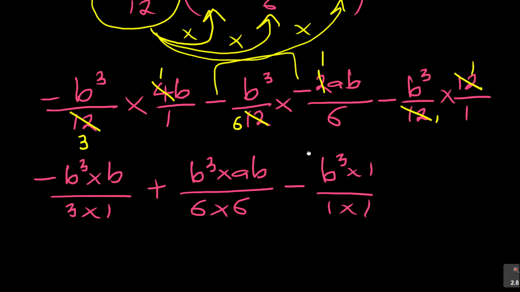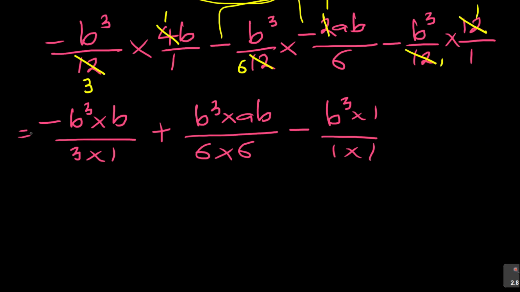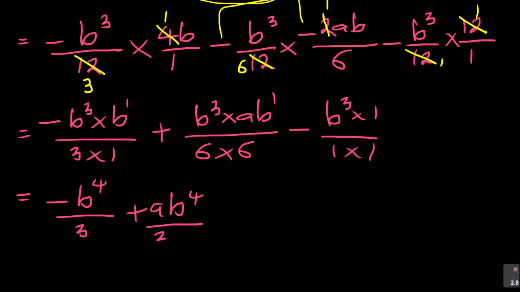You simplify, equal to, now b cubed times b, the negative has got power now because negative and positive is negative. So b cubed, now it's b to the 3 plus 1, which is b to the 4. There is a 1 there, you add them when you multiply, over 3 plus, same thing here, b cubed times ab. There is a 1 for the b, so it's b to the 4, but you can start with a, over 6 times 6 is 36.